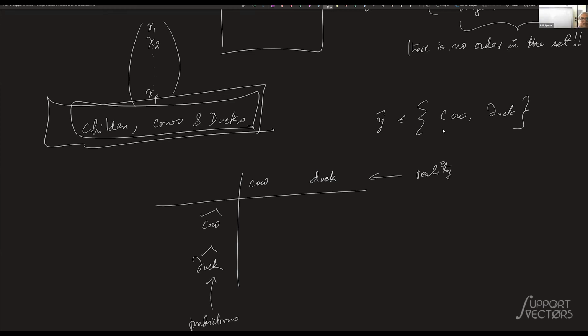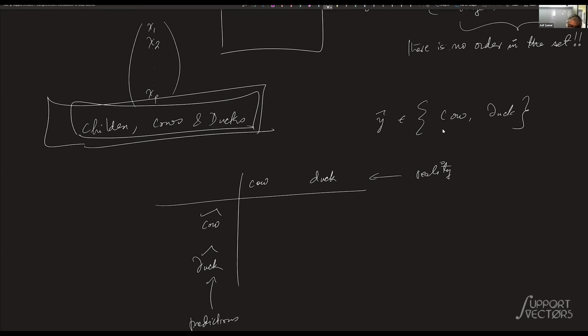And by the way, some people write this matrix in a transposed way. They'll make predictions as the row. It doesn't matter. Now, suppose you showed the child 100 animals. Let us say that in the meadow, for the sake of argument, there were 50 cows and 50 ducks.